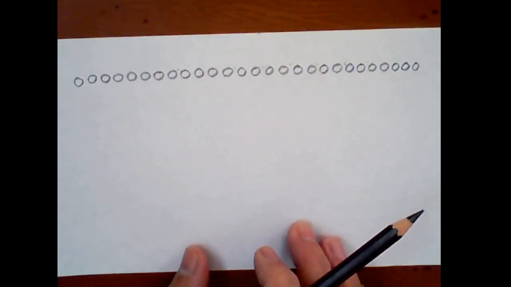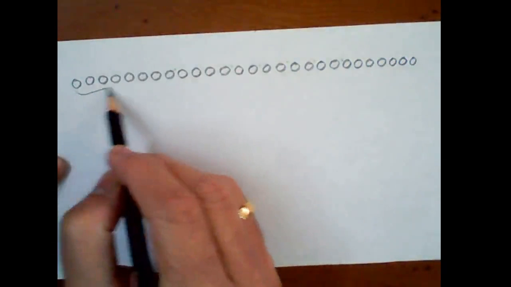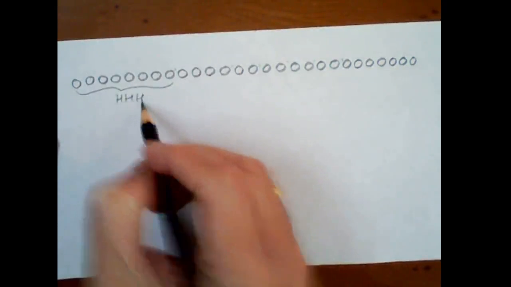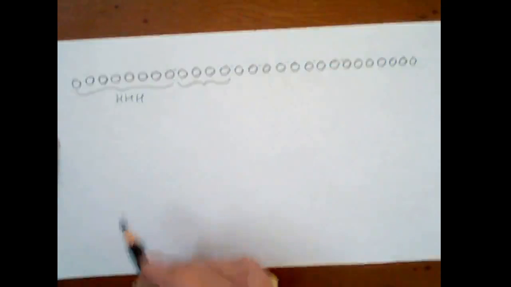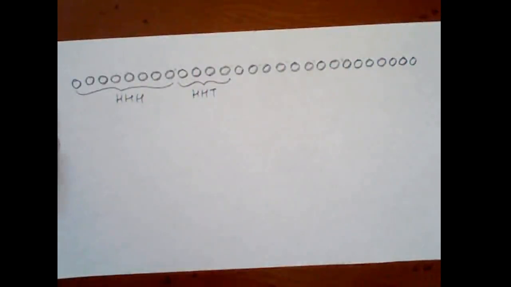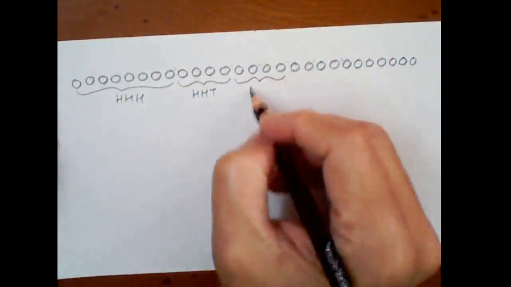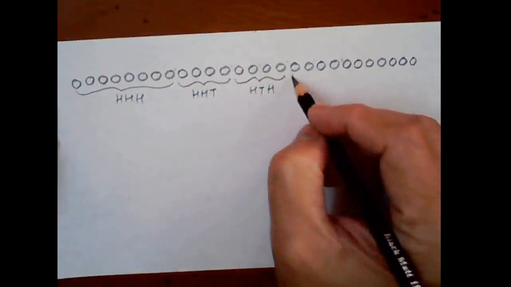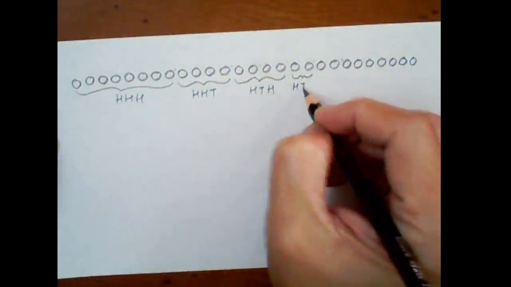Now imagine if you were to toss this unfair coin 3 times. In that case, on 8 of the 27 occasions, you are going to have H, H, H. 4 of these occasions, you are going to have H, H, T. Then again, 4 occasions, you are going to have H, T, H. 2 occasions, you are going to end up having HTT.